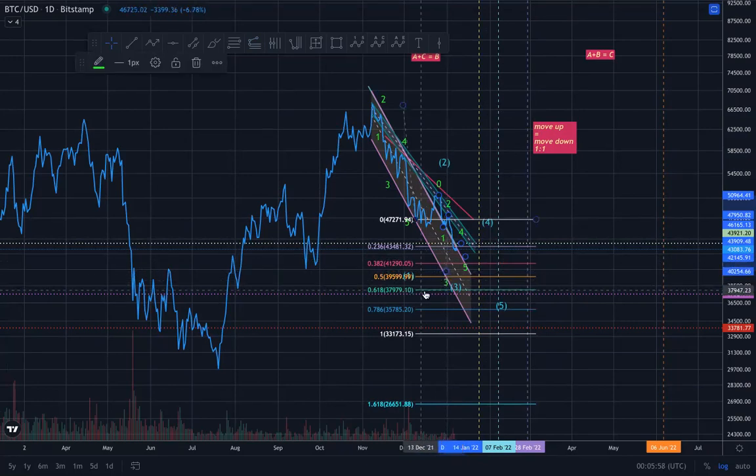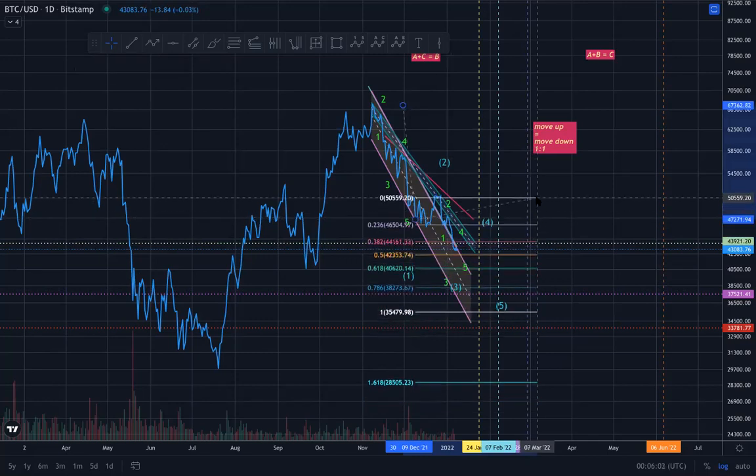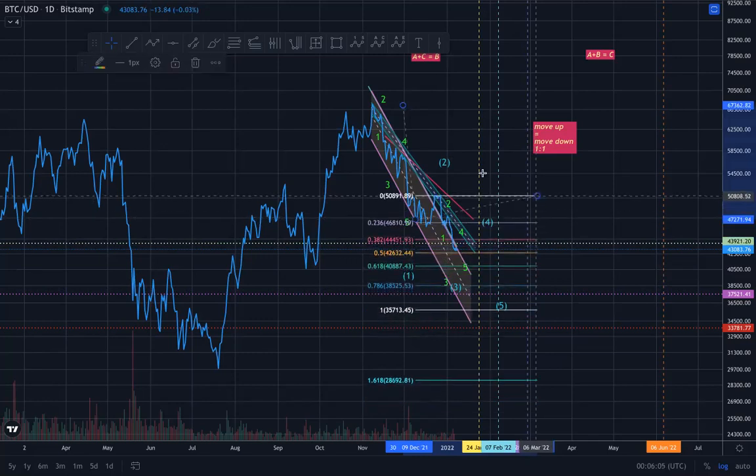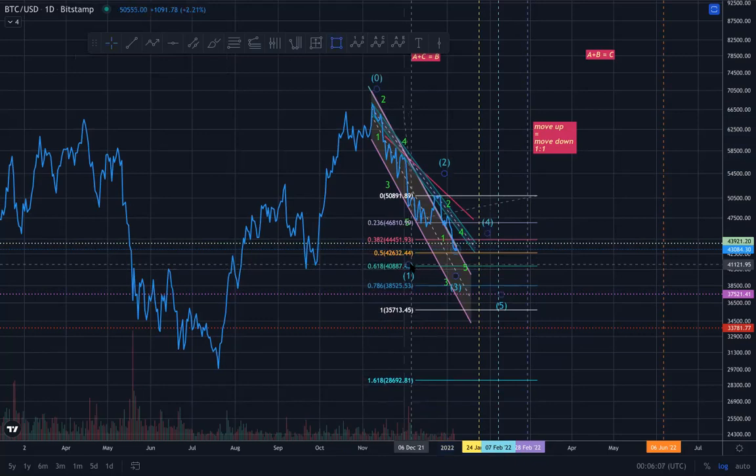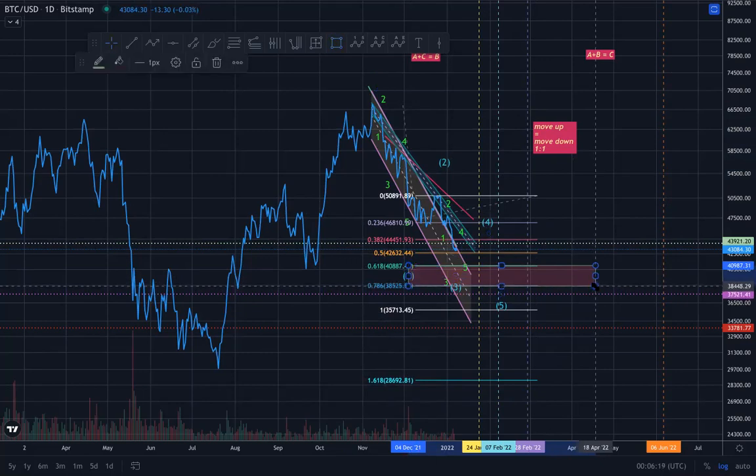The external relationship is around 38,000. Okay, and the internal relationship was around 40,000. So let's make a zone here and say, fine, this third wave and potentially the whole pattern might end around the 40 or 38,000 level.